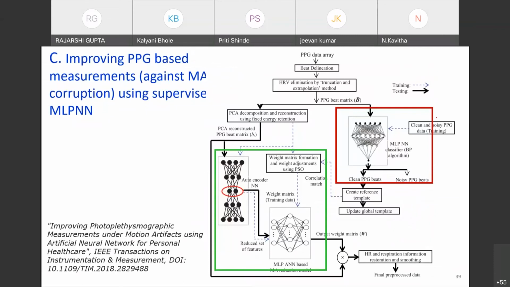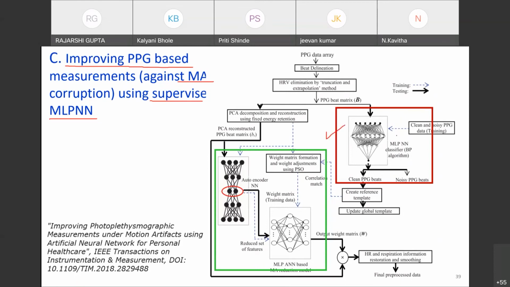The next one is our work on improving PPG based measurements against motion artifact corruption using supervised MLPNN. I think MLPNN is very common and known to all: multi-layer perceptron neural network. It is a simple network having a number of hidden layers. This is the total flow diagram from the paper.